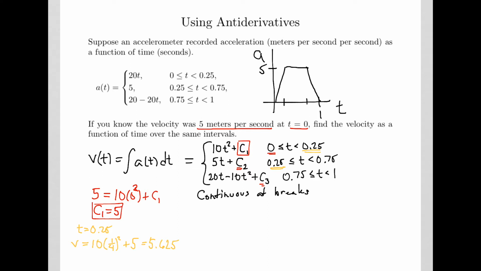And now I can use that data in this second equation. So using the second equation, I get 5 times a quarter plus C2 is supposed to equal 5.625. And I can solve for C2 and get 4.375.